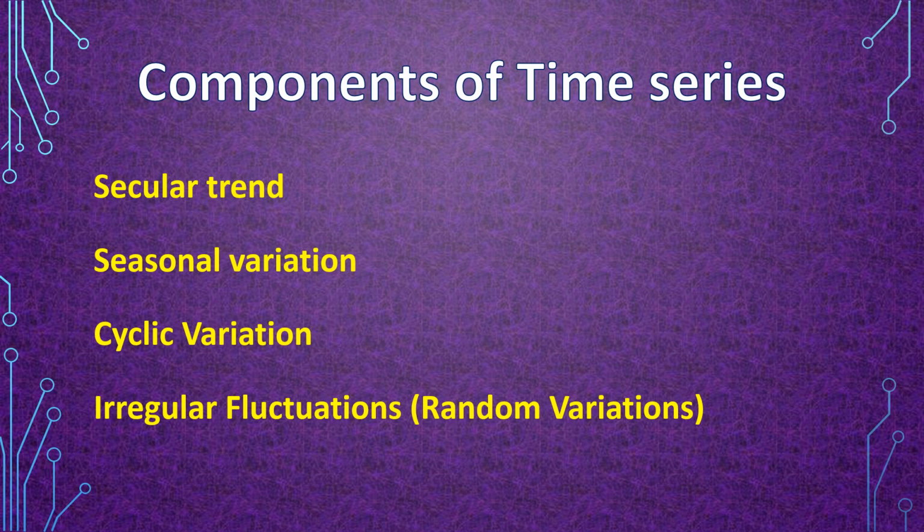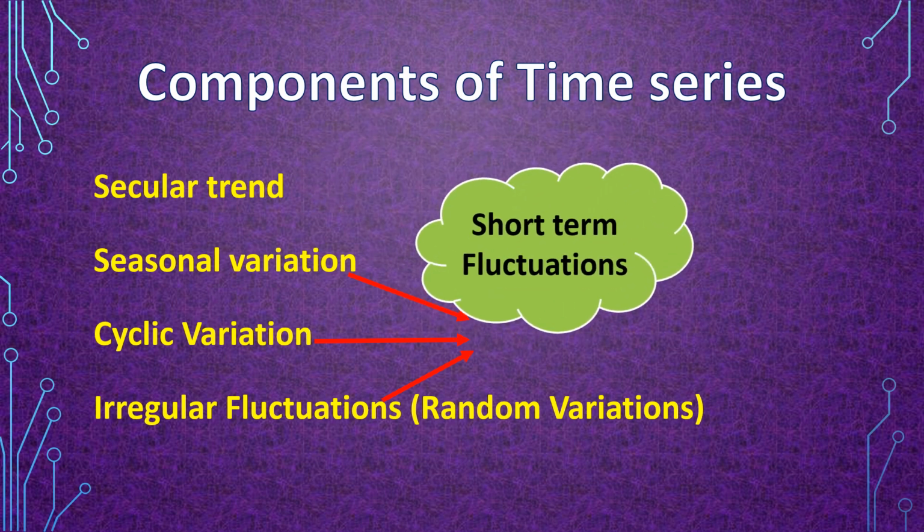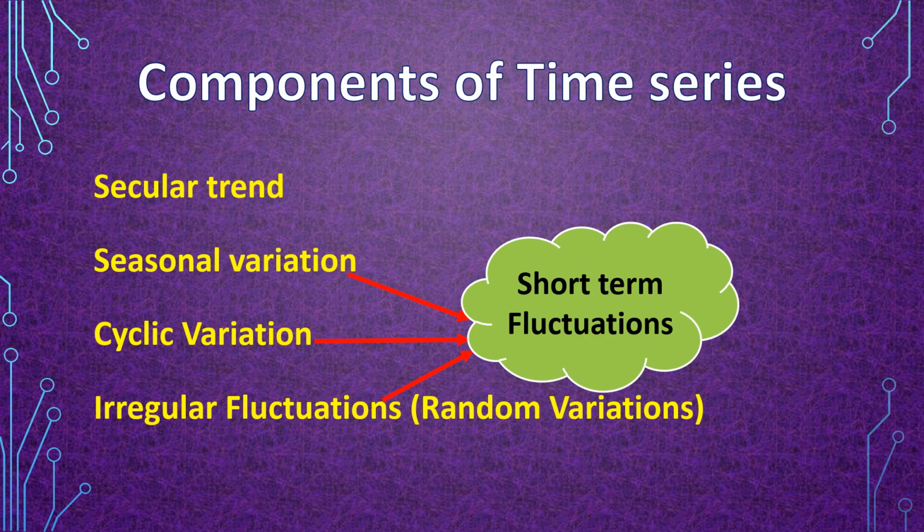These three, the seasonal variation, cyclic variation and the irregular fluctuation, together make the short-term fluctuations. So from the total time series, if we deduct the secular trend, we get the short-term fluctuations. Or from the original time series data, if we deduct the short-term fluctuations, we get the secular trend.